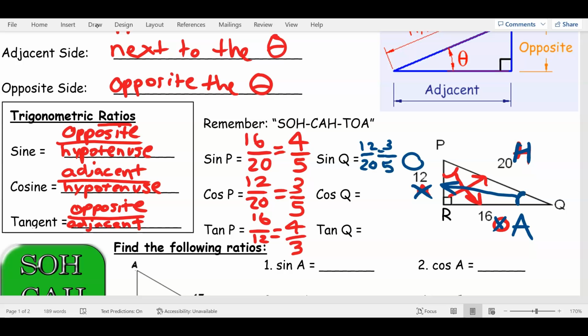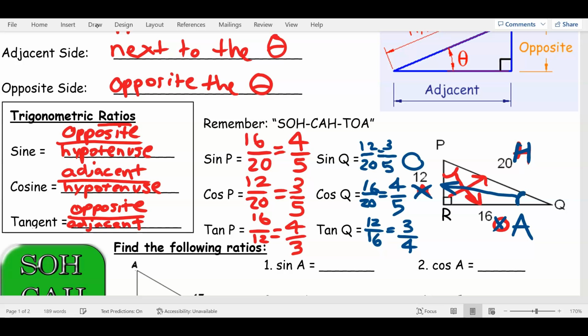What about cosine? A over H. 16 over 20, which reduces to 4 over 5. And last but not least, tangent of Q. Tan Q is TOA, O over A, which is what over what? 12 over 16, which reduces to 3 over 4.